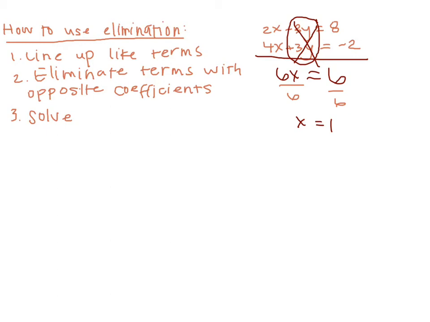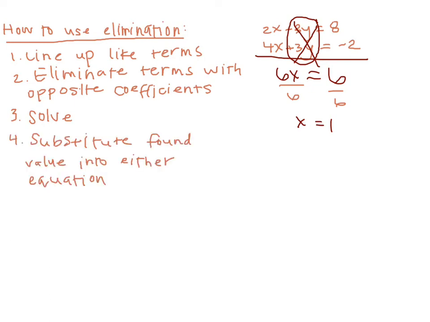I need to take this x, my found value, and substitute it back into either equation. It doesn't matter which equation you choose, so I'm just going to choose this first one, 2x minus 3y equals 8. So I have 2, and instead of x, I'm going to substitute a 1, minus 3y equals 8.